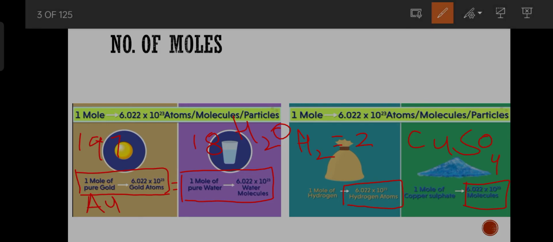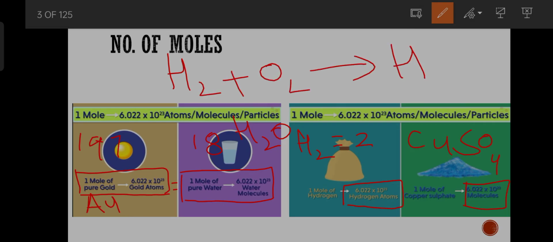You can consider the example. Let's say for the formation of water, the reaction is H2 plus O2 giving H2O. You have to balance the equation and you will get this. Now according to the balanced chemical equation, 2 moles of hydrogen react with 1 mole of oxygen to produce 2 moles of water.